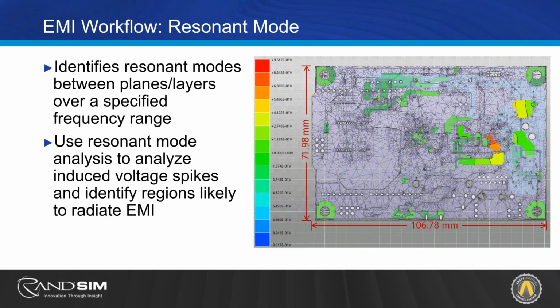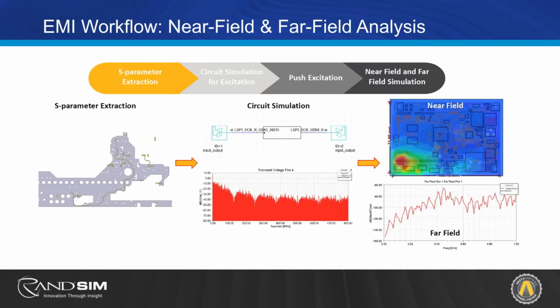You can iterate your design relatively quickly, but if you want to go into a deeper dive into what you would like to see from an EMI perspective, say if you really want to know how something is going to radiate on your board, say if you have an oscillator or a high-speed data line or a power supply, something that you know is noisy and you really want to get some field data out of it beyond resonance, you can take it the next step further and perform the near field and far field analysis.